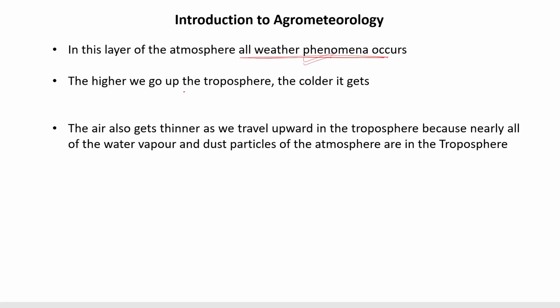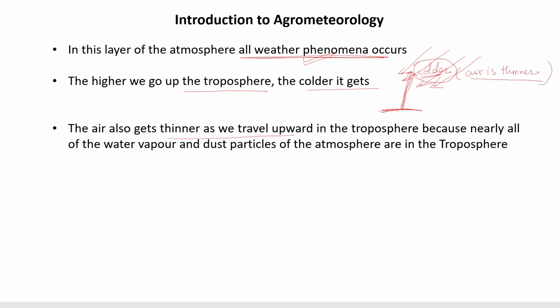The higher we go up in the troposphere, the colder it gets. As you move upward from the surface of the Earth, you feel colder. Why? Because the sunshine, which also carries heat, reaches the surface of the Earth, but it is colder as we move above. The air also gets thinner as we travel upward, very important.